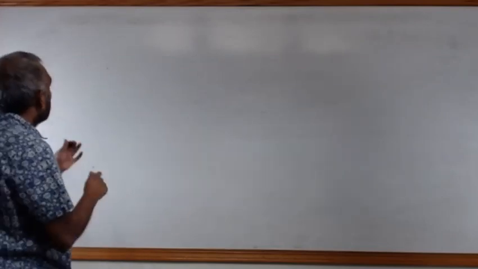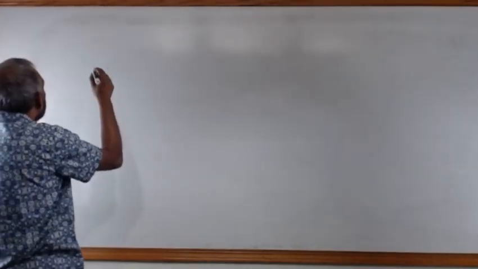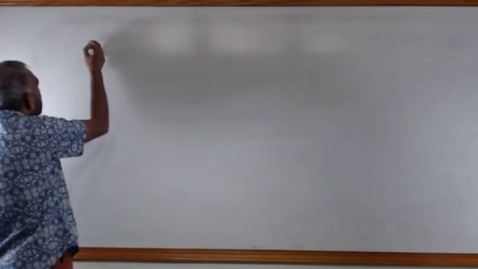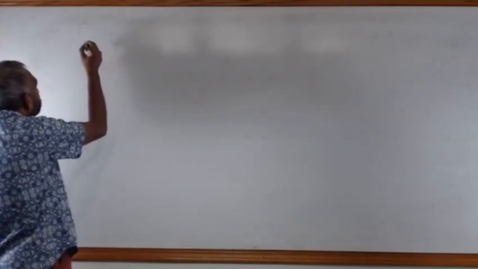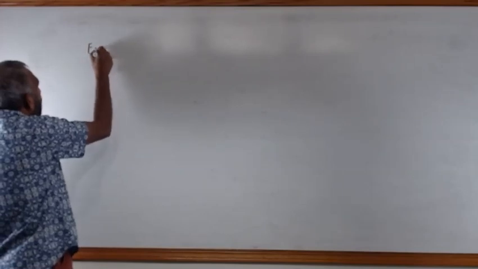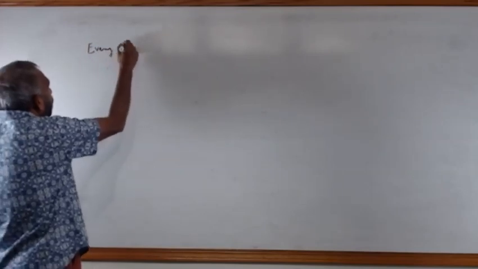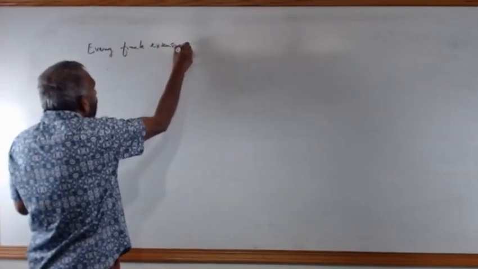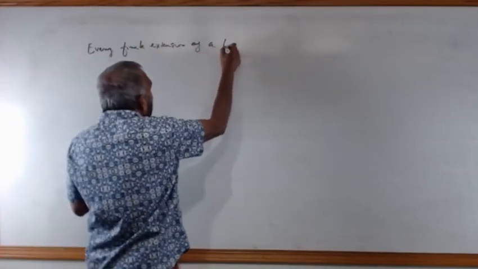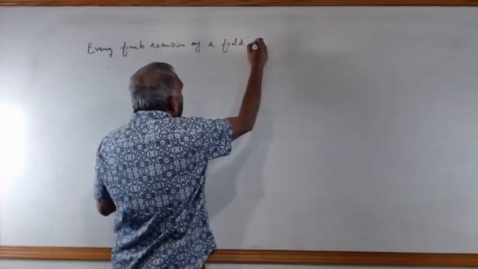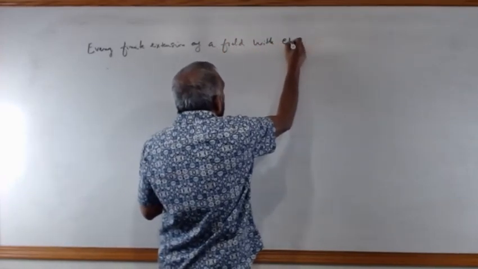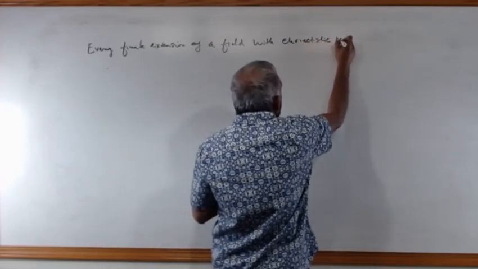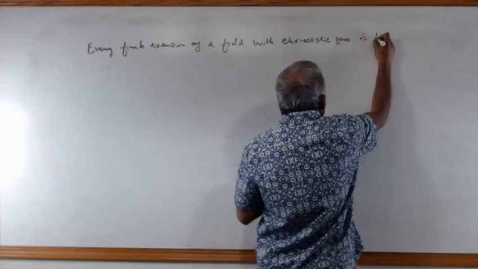So let us do a corollary of this theorem. We'll start with a result that we proved earlier. Every finite extension of a field with characteristic 0 is perfect.